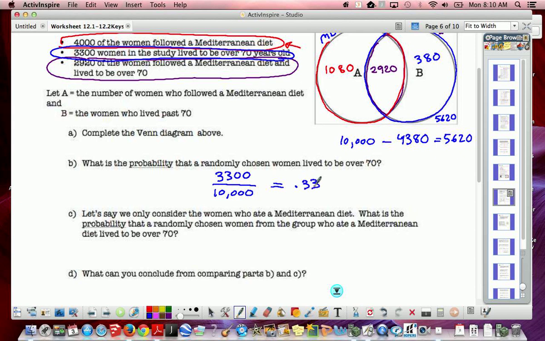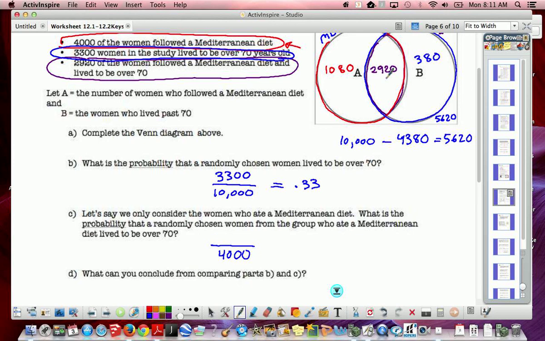Okay. So C says, let's say we only consider the women who ate the Mediterranean diet. So we're concentrating on the 4,000 women that ate the Mediterranean diet. So our bottom number is going to be 4,000. My top number then is, what is the probability that a randomly chosen woman from the group who ate the Mediterranean diet lived to be over 70?